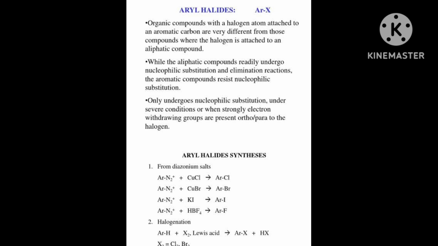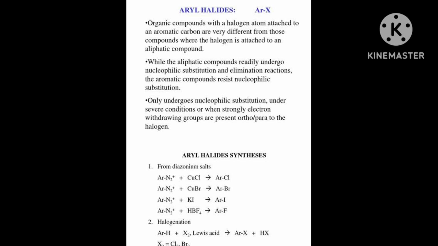When N is joining, it is called nitroalkane. RNO2, in both cases NO2 is there, but the difference is that in the first case O has joined with the carbon of the alkyl group, and here N has joined with the carbon of the alkyl group. So the first case was called alkyl nitrite, but in the second case, when N of NO2 is joined, it is called nitroalkane.